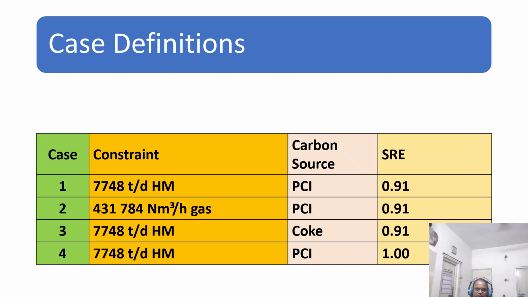Case 3, fixed hot metal rate but with coke as the carbon source instead of PCI. And case 4, fixed production and PCI but with an ideal SRE of 1.0, representing perfect reduction. So, each case helps isolate the impact of hydrogen on draft, top gas, coke rate, and emissions.